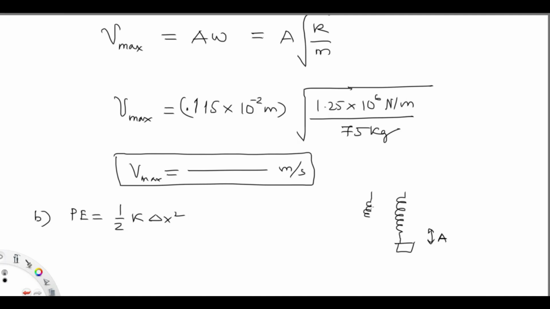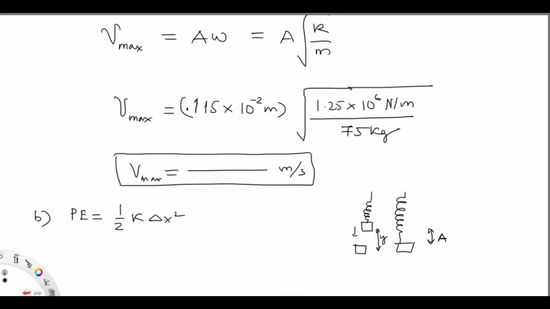So let's say this is the equilibrium. When you stretch it, it will have more and more potential energy, and at the maximum displacement it will have the maximum potential energy, no kinetic energy, just potential energy, and the distance corresponding to that is the amplitude.